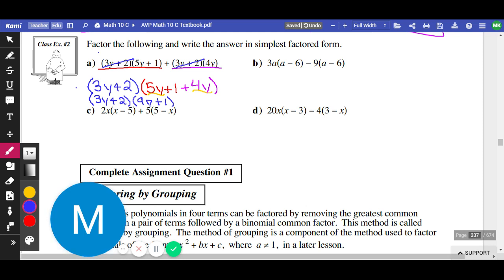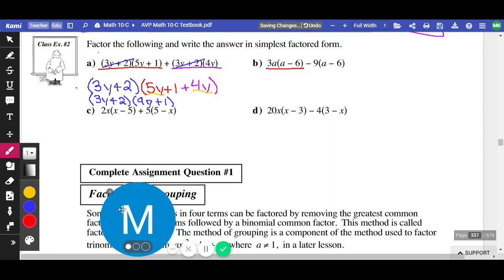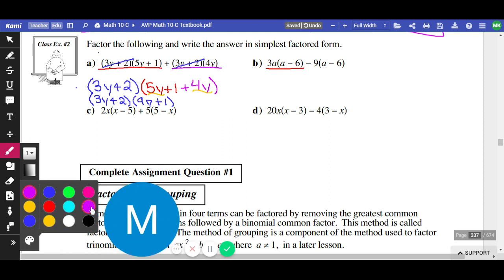All right, let's look at B. So I have my red side and my purple side. They both have something in common. They both could take an A minus 6 out.